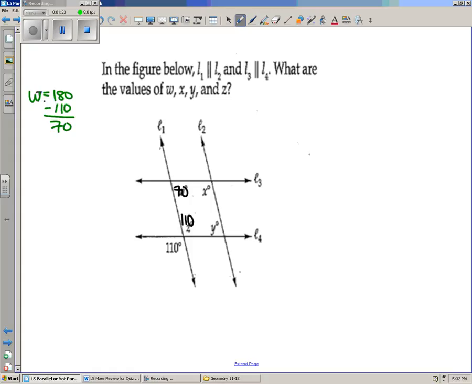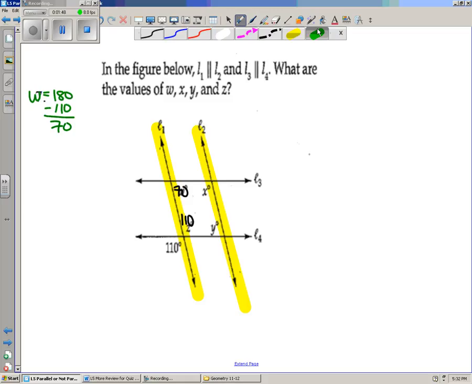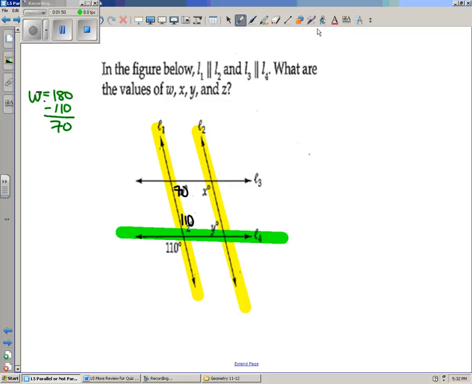Now what I would like you to imagine is that these are now the parallel lines, which they always were parallel. And now say this line is the transversal. So if you notice, we have this obtuse angle, which is 110, and we have this acute angle, and we know that obtuses and acutes are going to be supplementary.